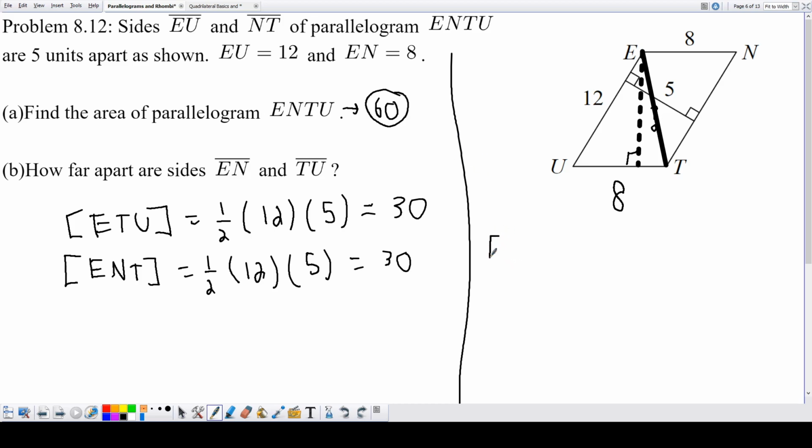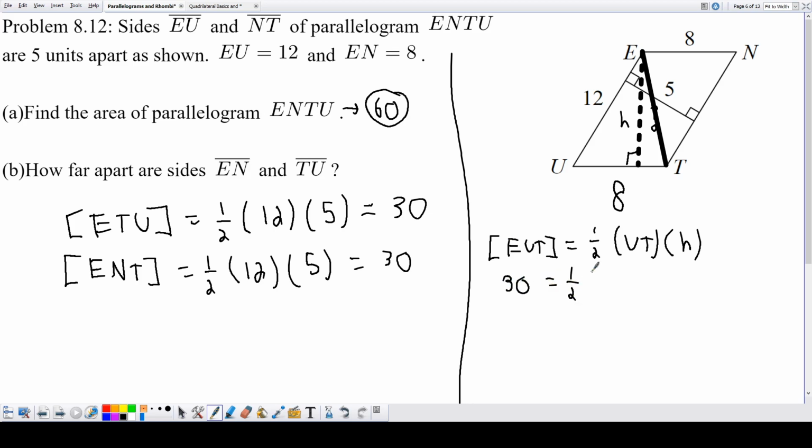So, for example, the area of EUT, I'm going to say my base is UT, and I want to find out what this height is. Well, the area has to end up being 30.